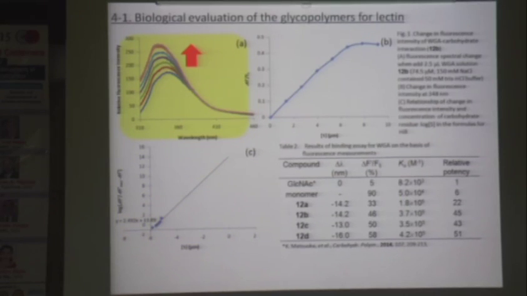Association constant Ka was highest in the polymer 12D.